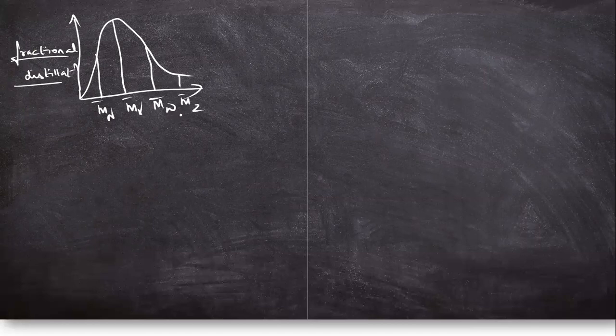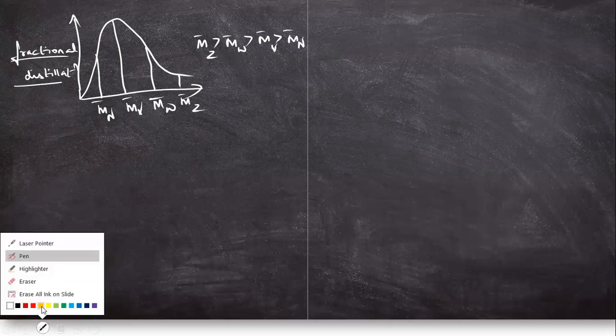The question will be like, which will be greater? So by seeing this, I can tell Z average molecular weight will be greater than weight average molecular weight, which will be greater than viscosity average molecular weight, which will be greater than number average molecular weight. This is the thing you need to remember.